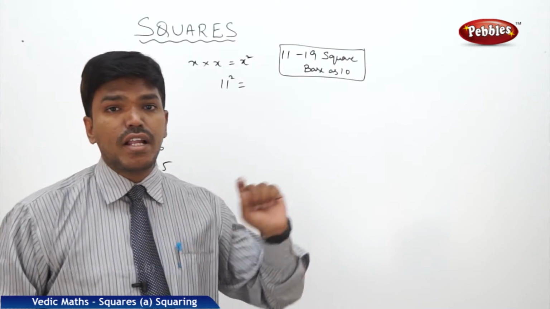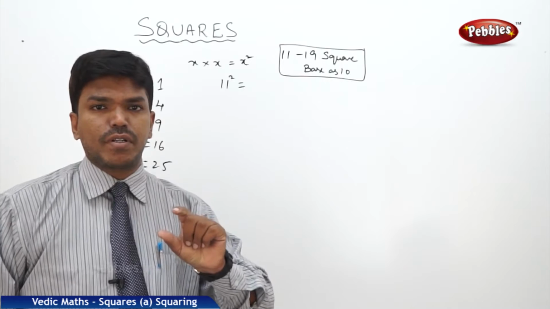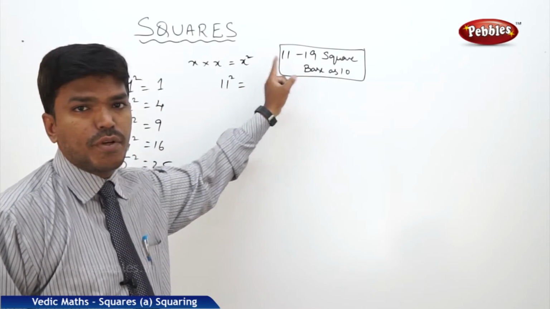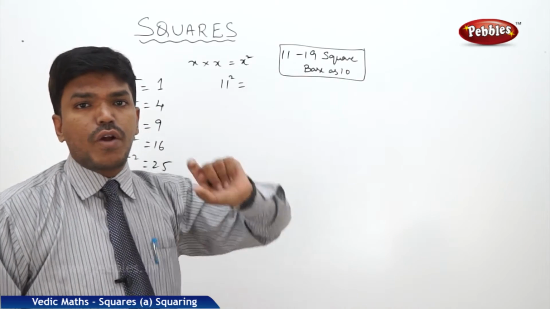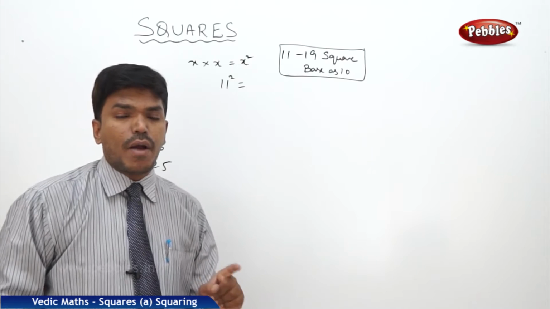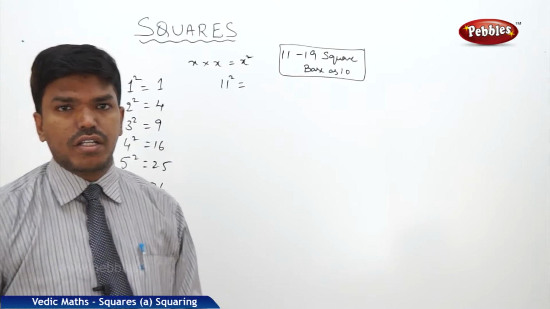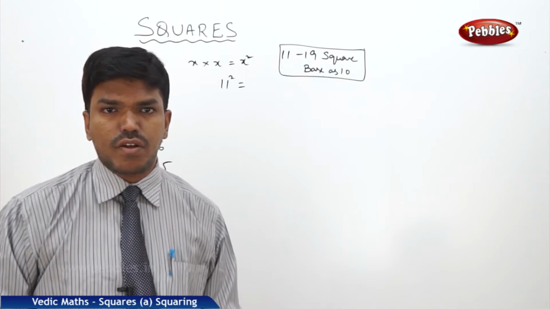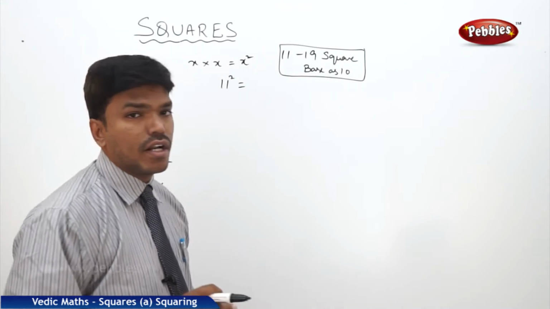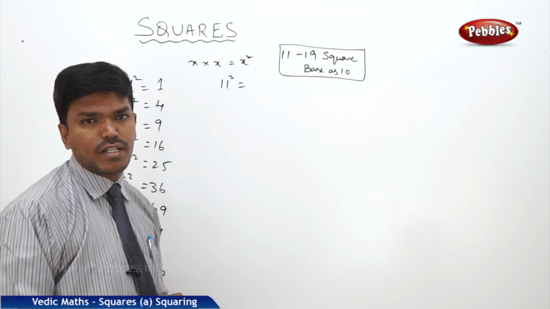We will compare the number with 10 every time, whatever squares we are going to handle between 11 to 19. Suppose 11 square is there. Compare 11 with 10. It is more than 10, yes or no? Yes. Now tell me how much more than 10? 1 more than 10.